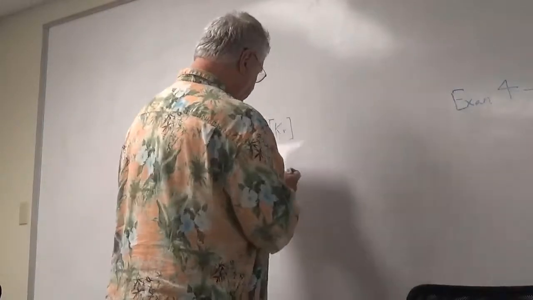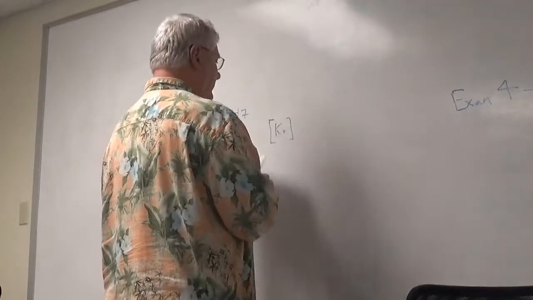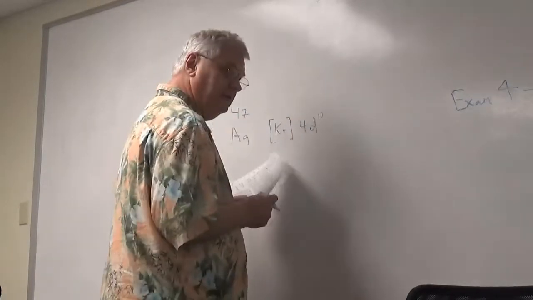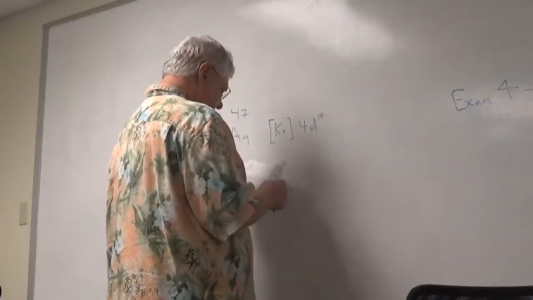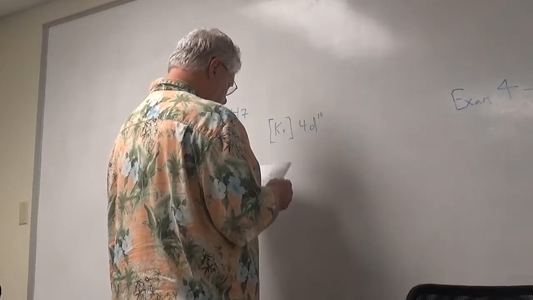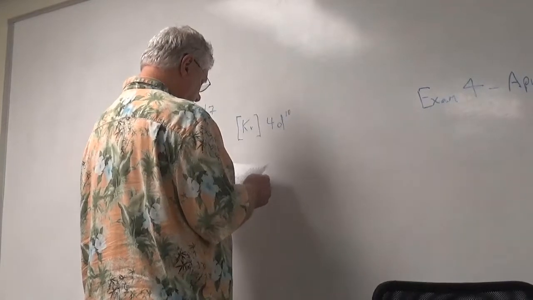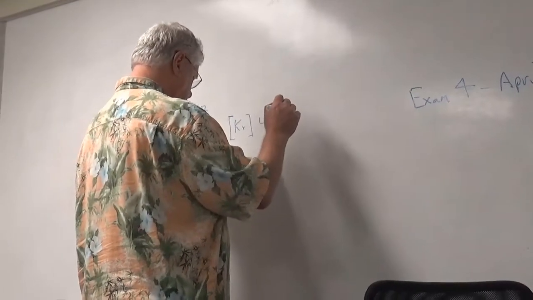And it's right on the sheet here. You can see it's 4d10. So the 4d orbitals in this 4th energy level are filled, and then it's 5s1.